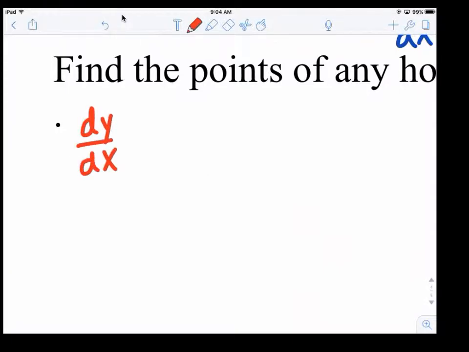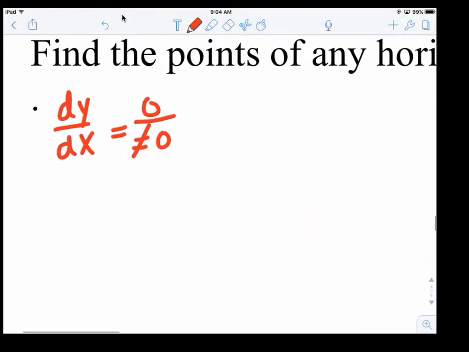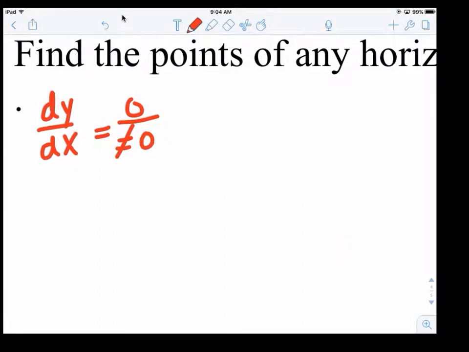So we need dy over dx is equal to 0 over non-zero. So I'm going to take negative 4x minus y is equal to 0, right? Because that's what we got on the top part.